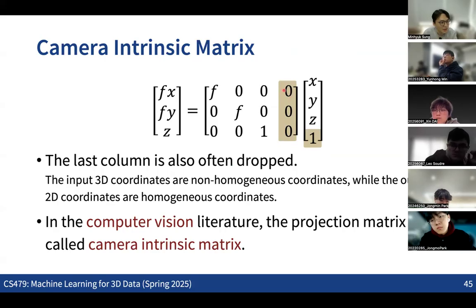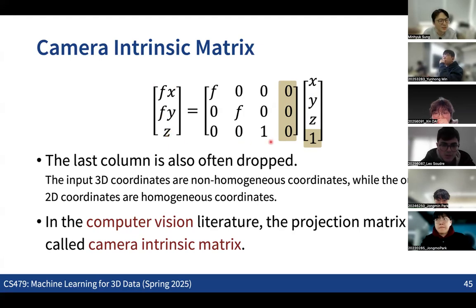Dropping this last column means that we are not using homogeneous coordinates for the input 3D coordinates. So the input 3D coordinates are non-homogeneous coordinates, not having the extra dimension, while still having homogeneous coordinates for the 2D output here. To get the final output, we will need to divide fx and fy by z here.